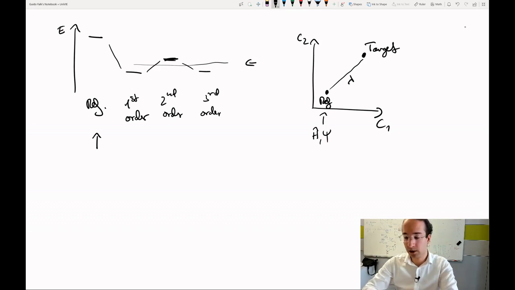And this path will be denoted with lambda. So the idea is at lambda equals 0, you are at the reference, and for the target, you assume lambda equals 1. And this allows you to go smoothly from reference to target in this expansion.